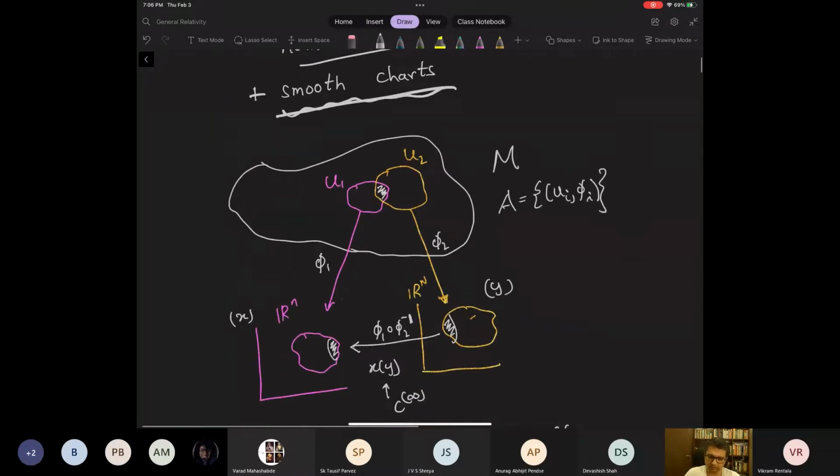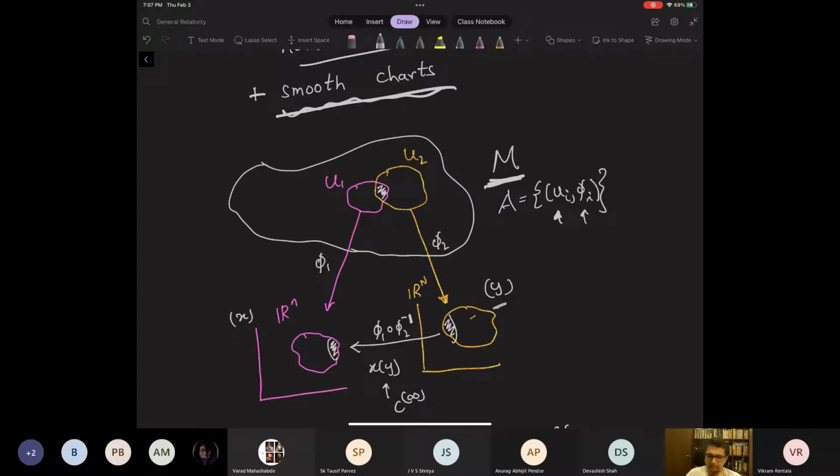So just to recap this picture, we imagined a manifold M to be covered by various charts. These charts were pairs (Ui, phi i), where Ui is an open set in M, and phi i is a continuous map from the set Ui to some open subset of Rn.